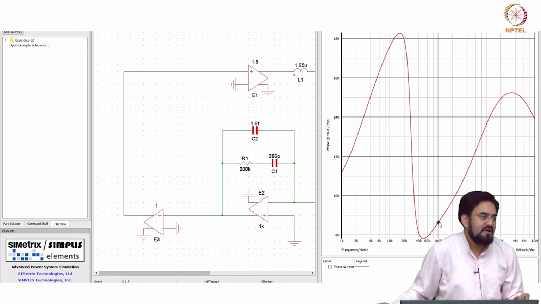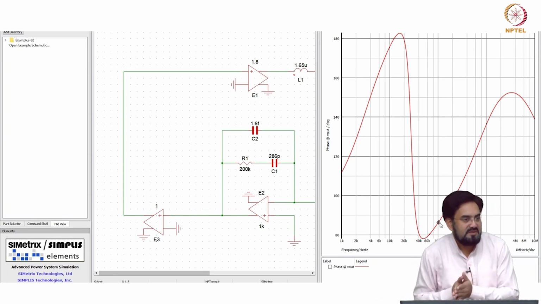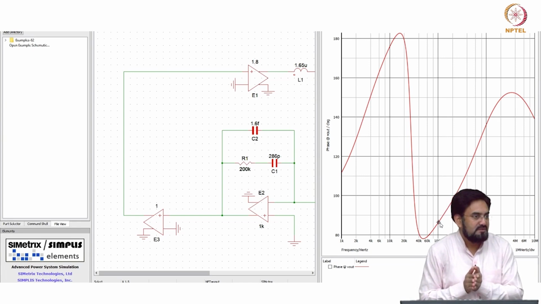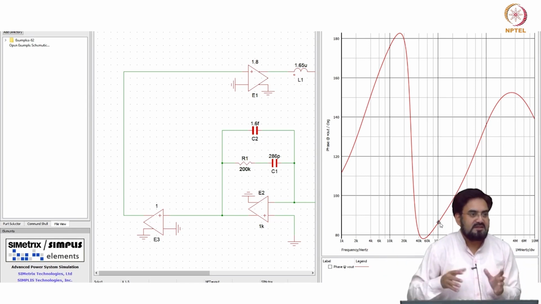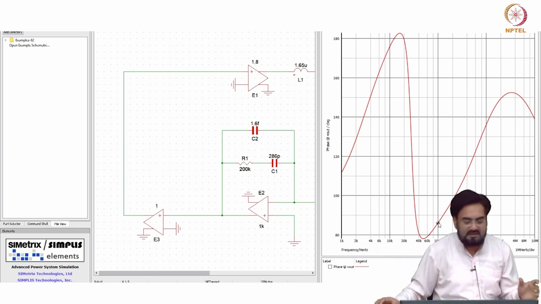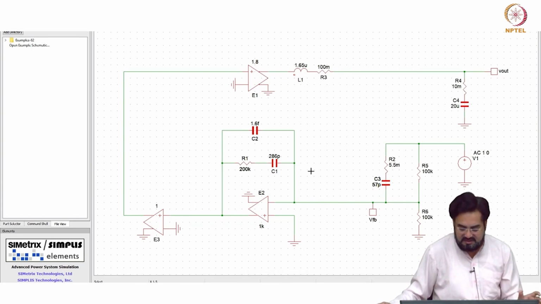Why are we getting slightly higher? Because of the phase contribution from this, I mean usually you get 90 degrees at infinite. So, the lower the Z is, the phase will be more at UGB. That is why you may get 4 or 5 degrees, but it does not matter.